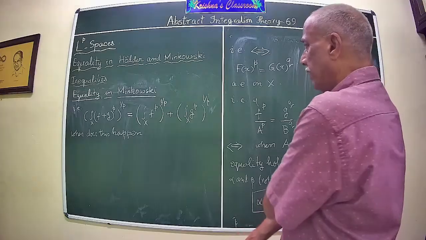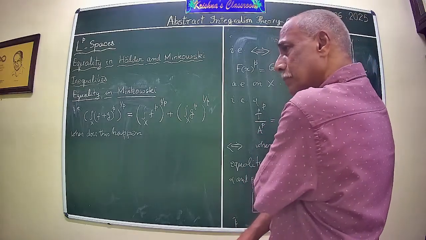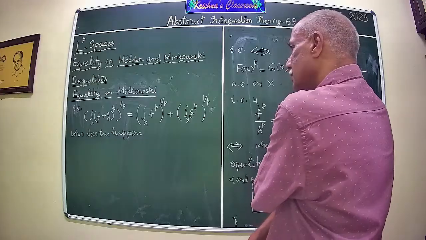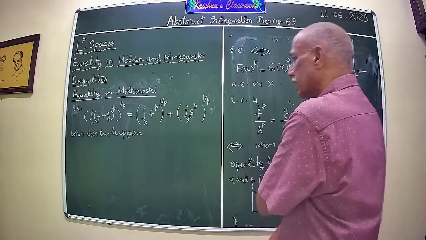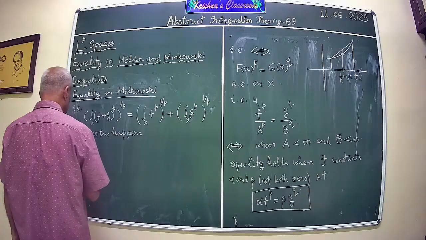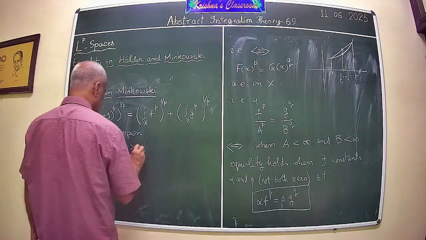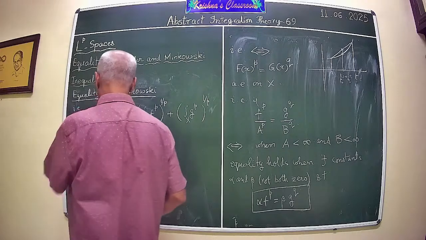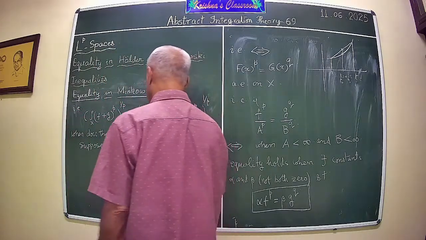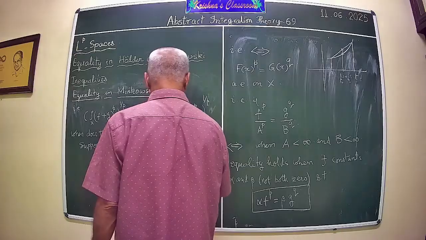If f and g are linearly dependent, that means suppose g is equal to alpha f.